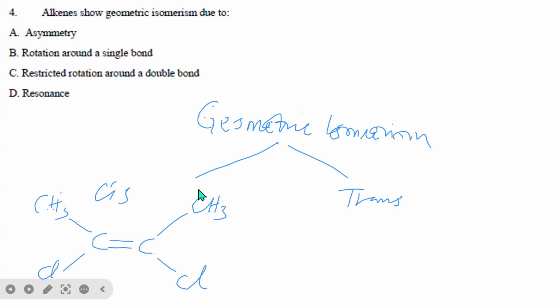So if you look at it here, this is called cis isomerism because they have the same group in the same plane.